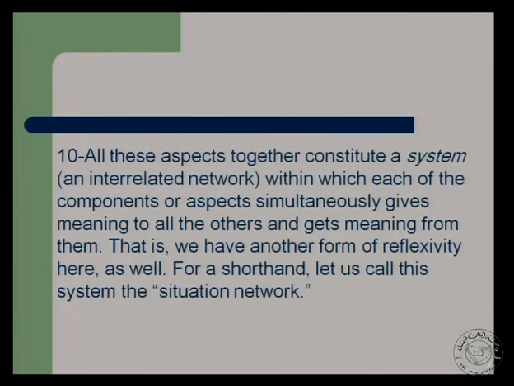All these aspects together constitute a system within which each of the component aspects simultaneously gives meaning to all the others and gets meaning from them. That is, we have another form of reflexivity here as well.